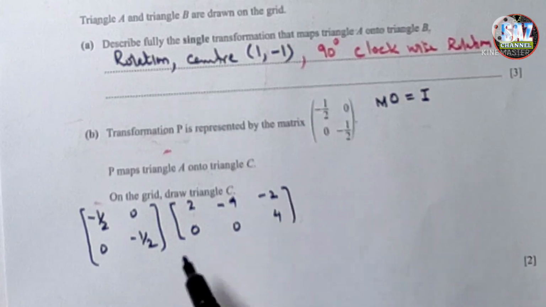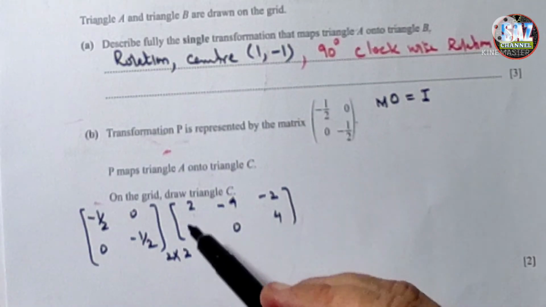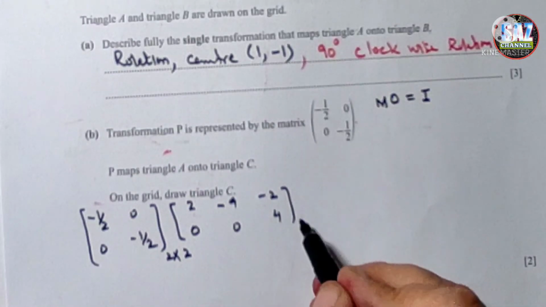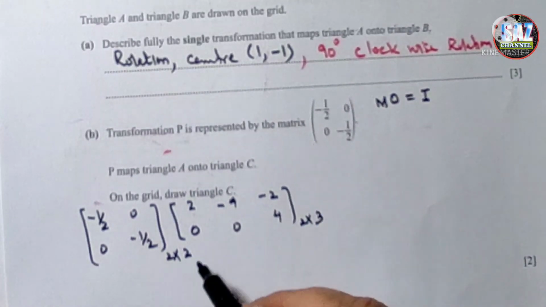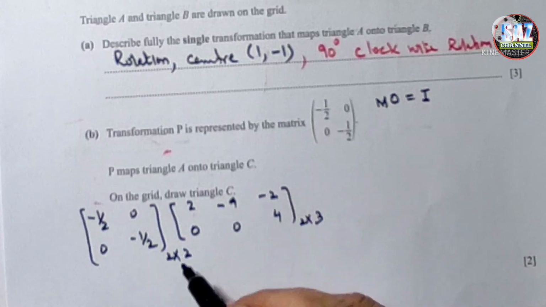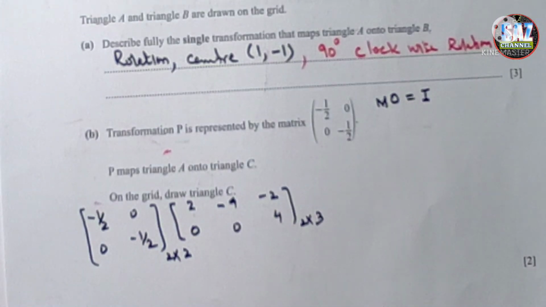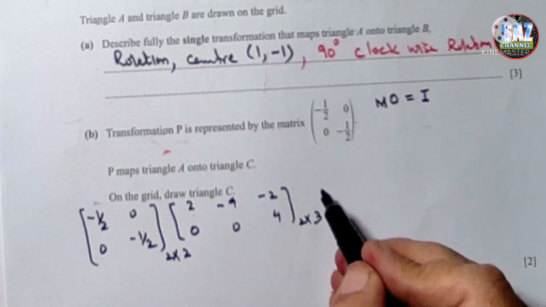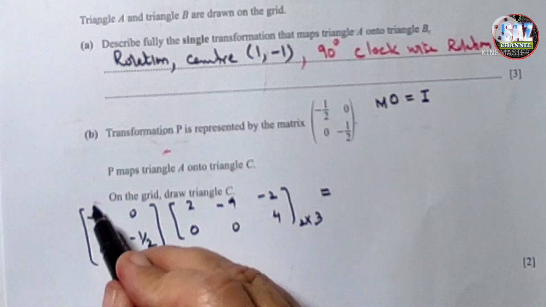This is a 2 by 2 matrix, and this is 2 rows and 3 columns. The number of columns of the first matrix equals the number of rows of the second matrix, so we can multiply them easily. Apply the RC rule here.